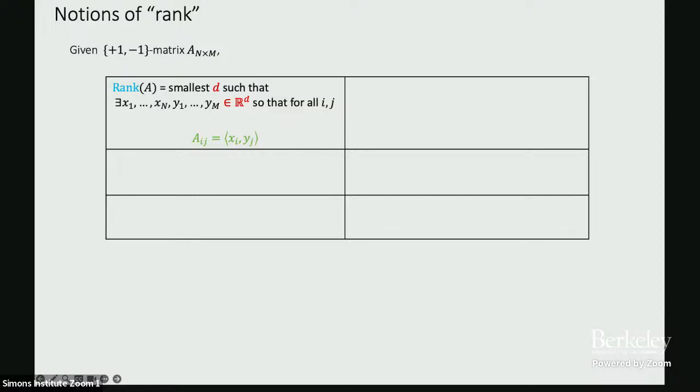So in terms of factorization, the x's correspond to the rows of the first tall matrix in the factorization, and the y's correspond to the columns of the fat matrix, right?